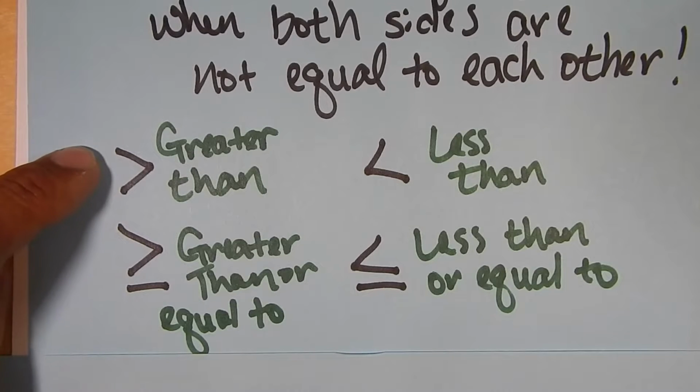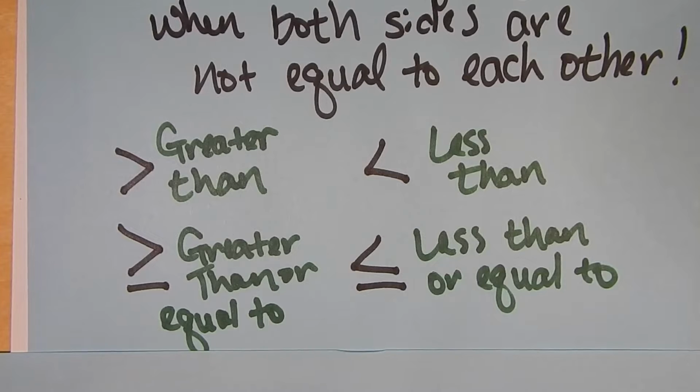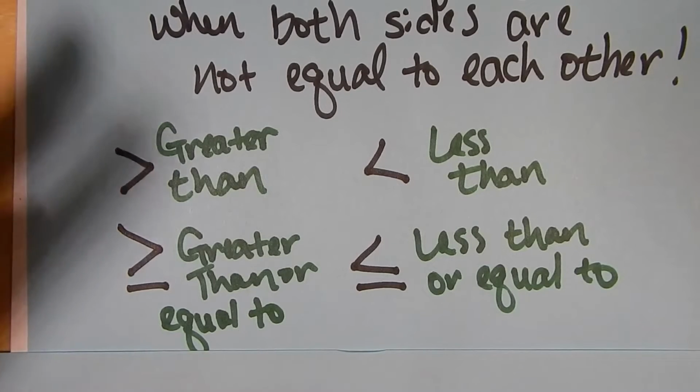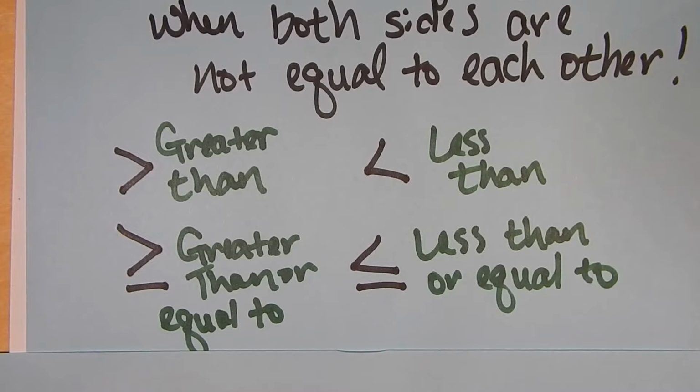I know a lot of people, when they're introduced to inequalities, learn them as like an alligator. I remember my teacher, I think it might have been second grade, when we first got introduced to this idea of greater than or less than. You think of one side as being bigger than the other. It's like an alligator. It eats the other one.